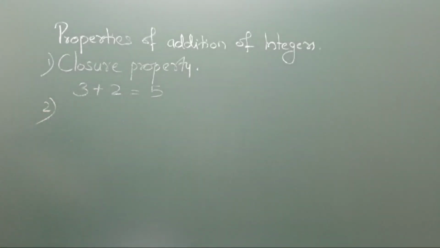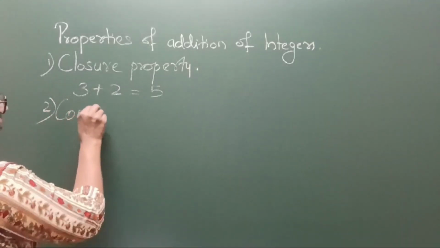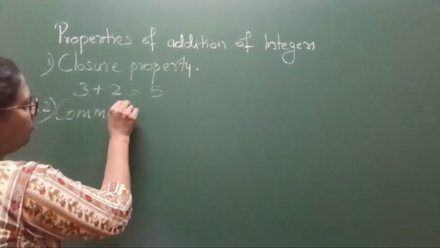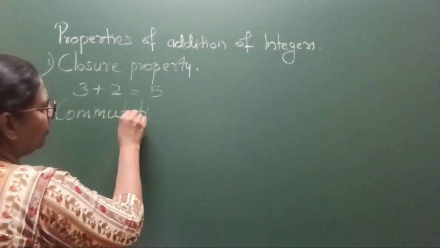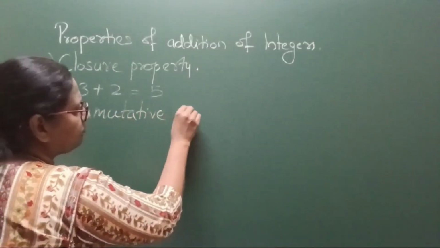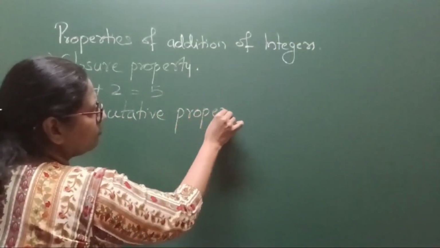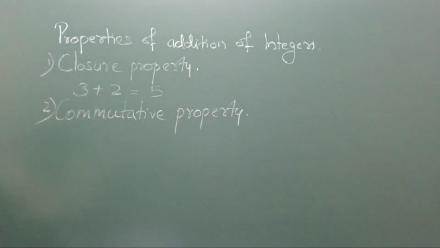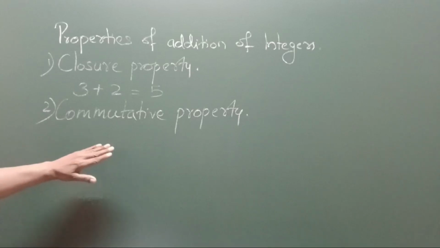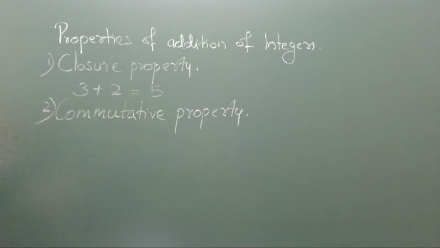Second one is commutative property. In commutative property, two integers can be added in any order.